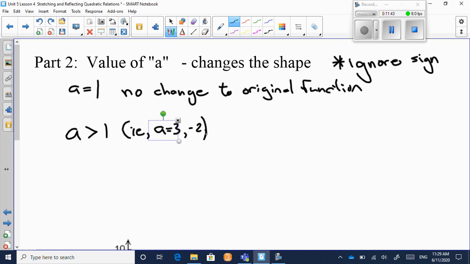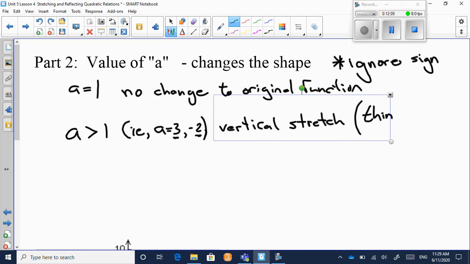So any value where the absolute value of A, just the number, is greater than 1, we call that a vertical stretch. And basically, the parabola becomes thinner compared to the original bread and butter one. Okay, so think of it as thinner or skinny.